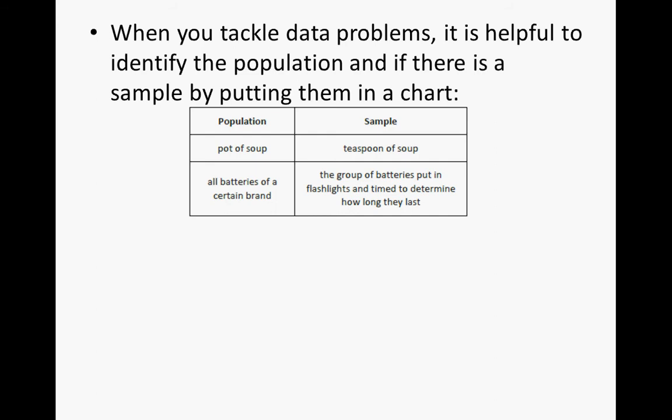Something similar to this. Population might be a pot of soup, and a sample would be a teaspoon of that soup. Population could be all batteries of a certain brand, and a sample could be the group of batteries put in flashlights and timed to determine how long they last.